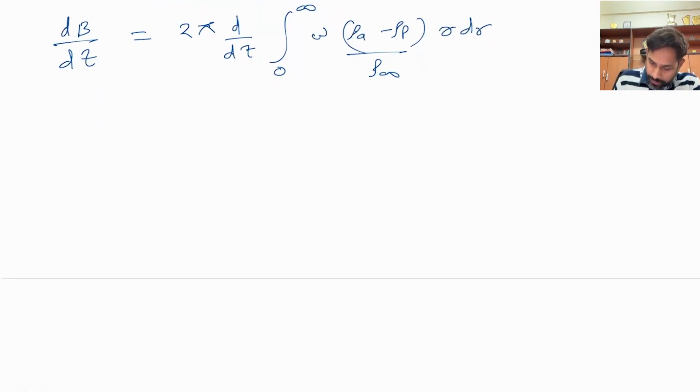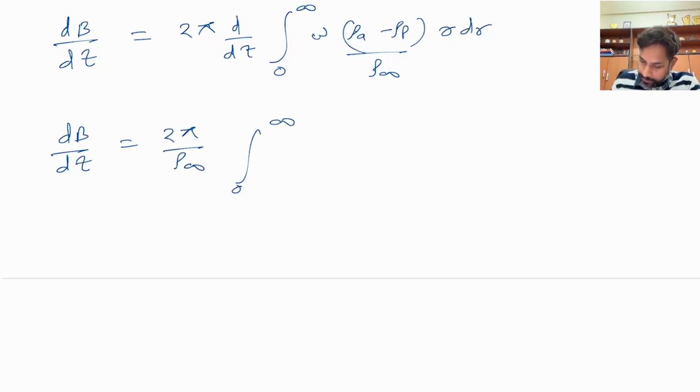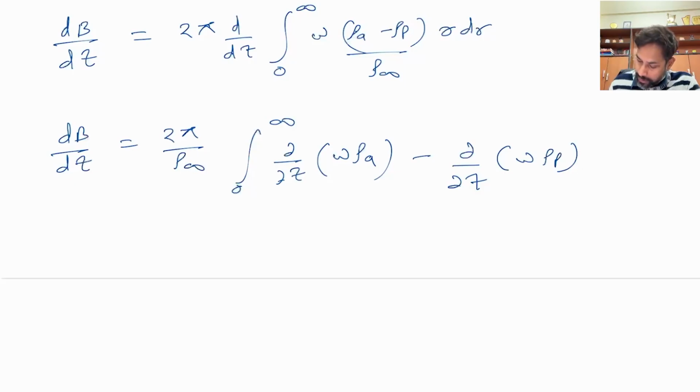We take rho infinity outside because it is a constant, and this becomes d by dz of w rho a minus d by dz of w rho p, times r dr. I'm using the partial derivative because these are both dependent on r and z.